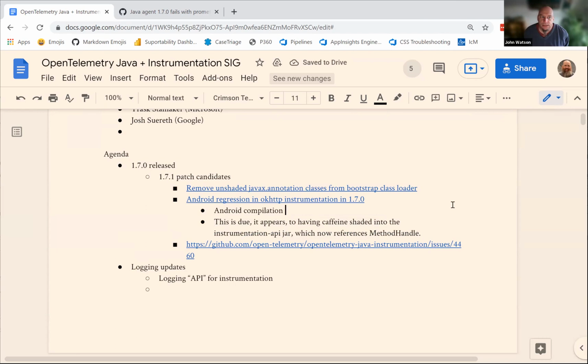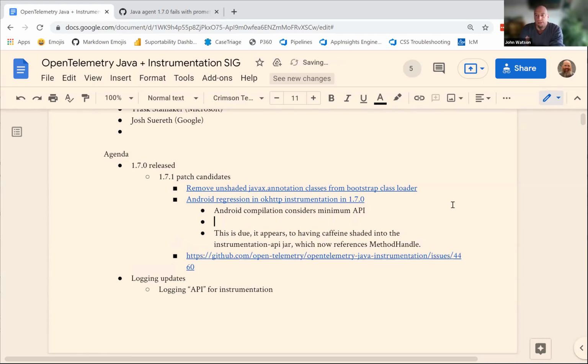And it takes into account the minimum API version that you're targeting with your application. And if it comes across any references or usages of classes that are not supported at that API level and are not desugarable by the desugaring library, then the build will fail. It will refuse to actually build the application package.